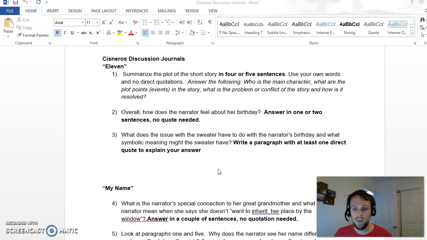First of all, if you have written a clear summary, you should be able to build off of that in describing the issue with the sweater. In the story, there's a conflict between the narrator and her teacher over a sweater. So describe that conflict, basically what is happening there, and what that has to do with the narrator's birthday.